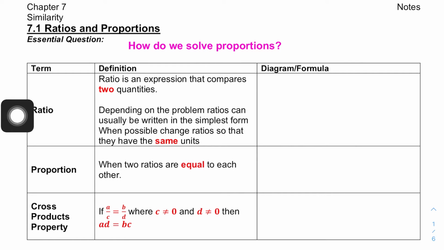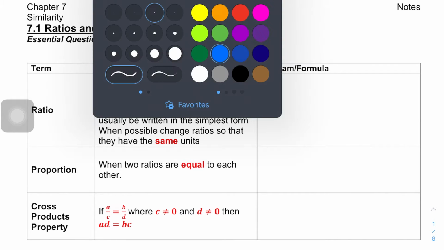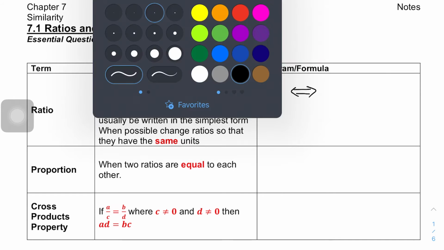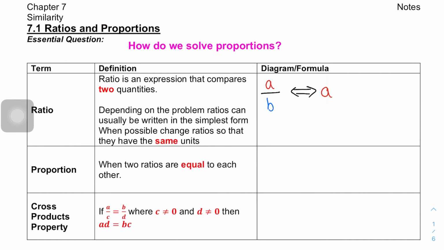So oftentimes those quantities will look similar to this, like a fraction, right? Now remember that that is equivalent to a ratio written like this. So know that those two are interchangeable, and if you need to change them, that's how you do it.